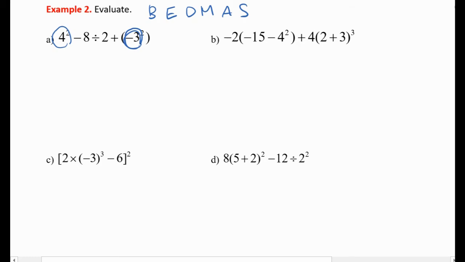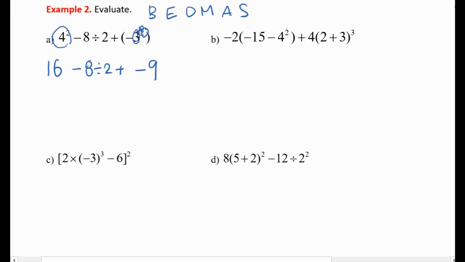That's your first thing to do. 4 squared is 16. And also the exponent inside the bracket, the exponent directly applies to the number in front of it, to the base in front of it. So it repeats 3, but it does not repeat negative. So this will be negative 9.